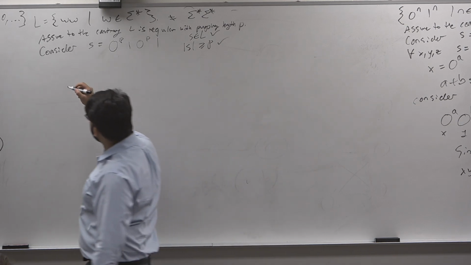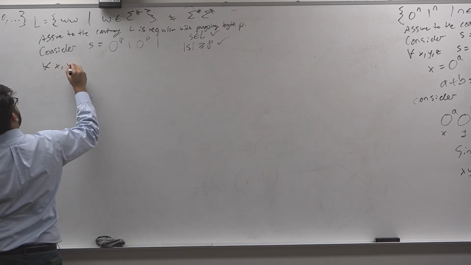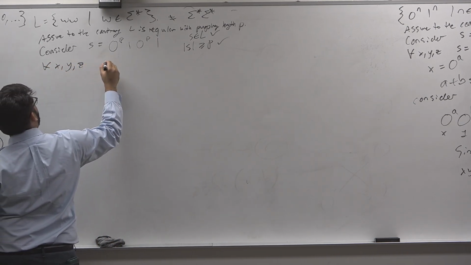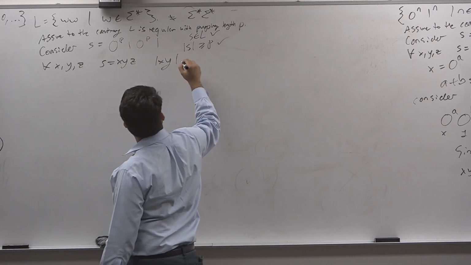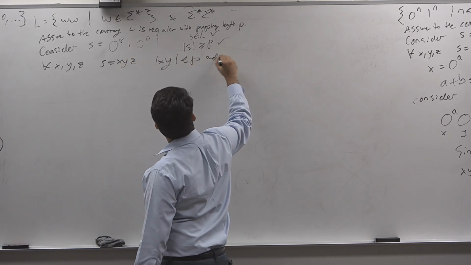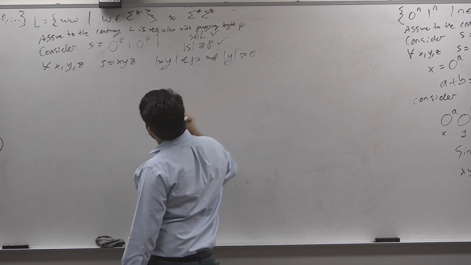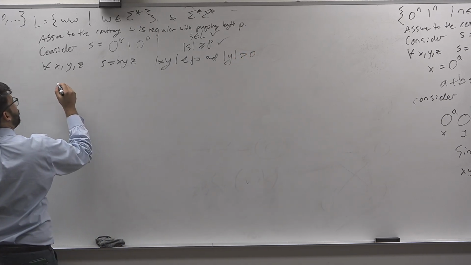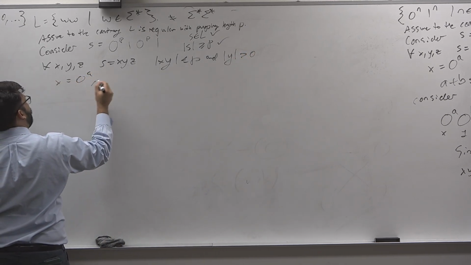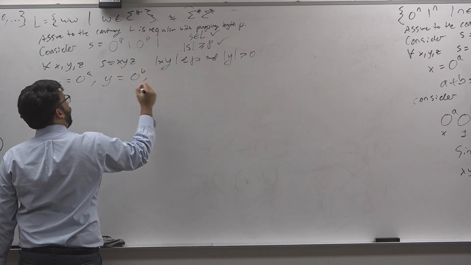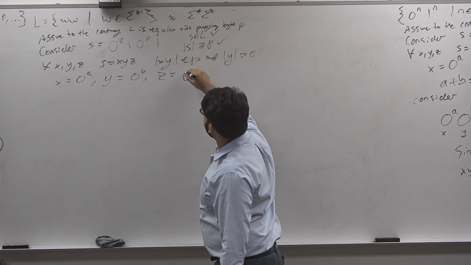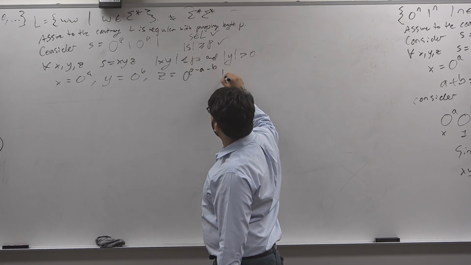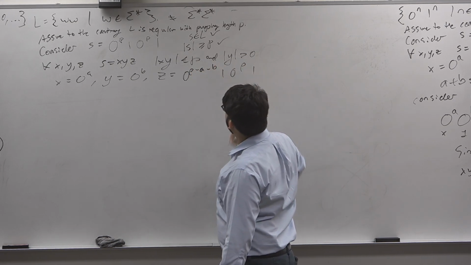We have one case for all x, y, z, such that S is equal to x y z, subject to the length of xy being less than or equal to p, and the length of y exceeding 0. We have a single case, which is that x is equal to 0 to the a, y is equal to 0 to the b, and then z is equal to 0 to the p minus a minus b, 1, 0 to the p, 1.